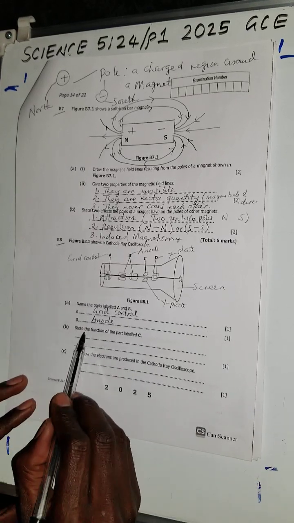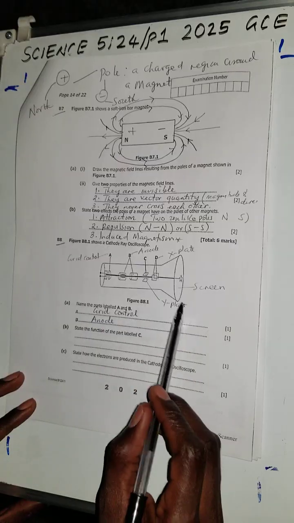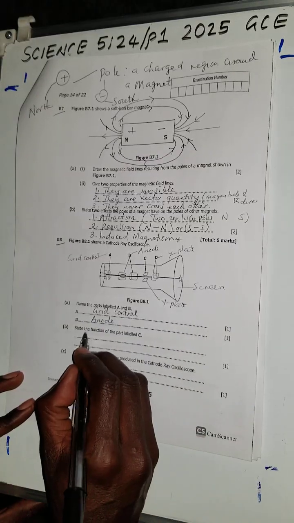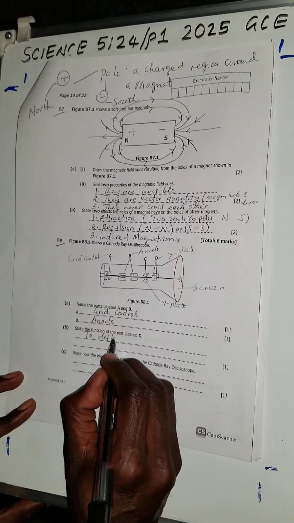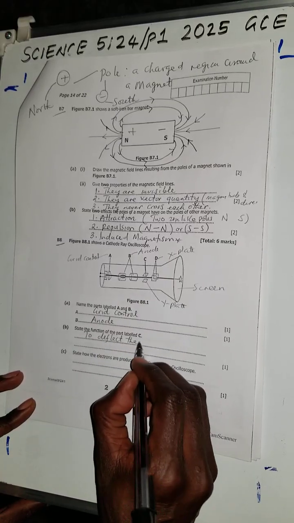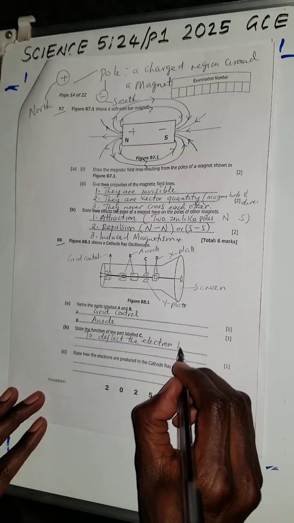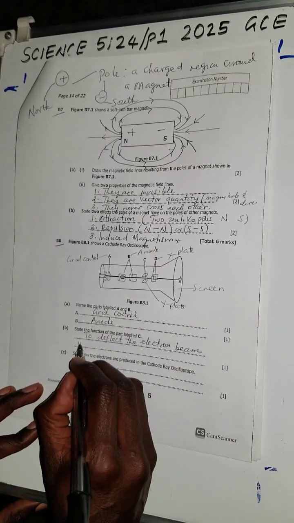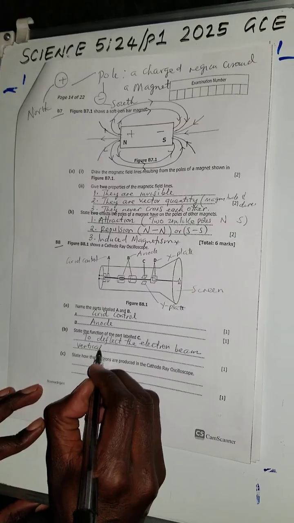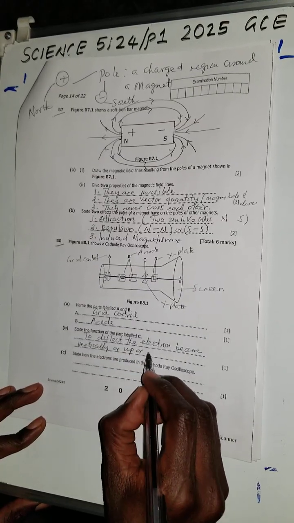Then B says state the function of the part labeled C. In other words, what is the function of the part labeled Y? The function of the Y plate is to deflect the electron beam vertically, or up or down.